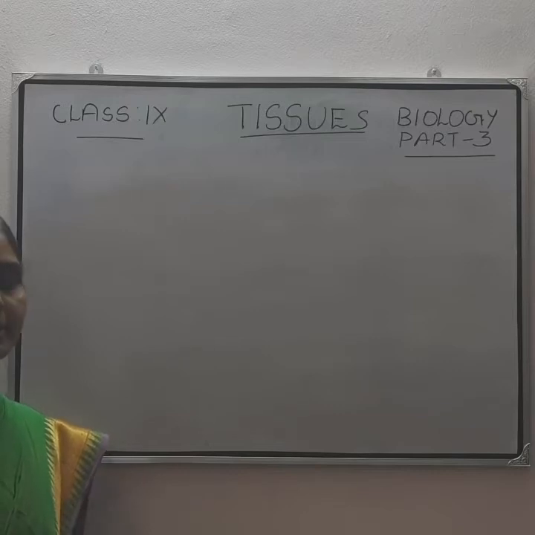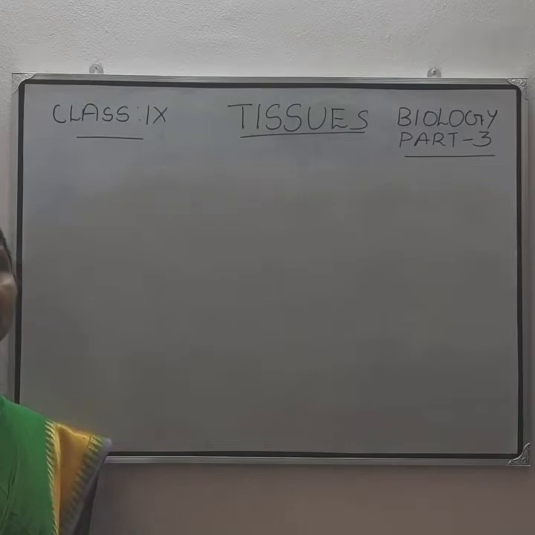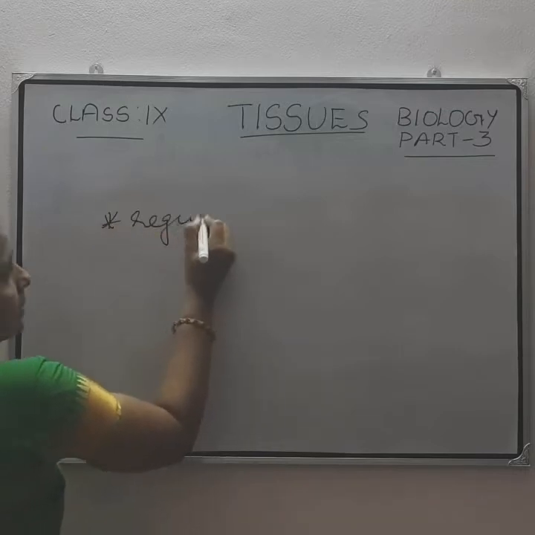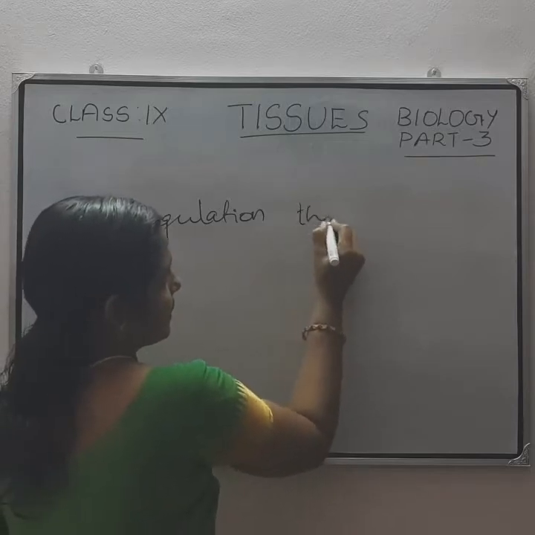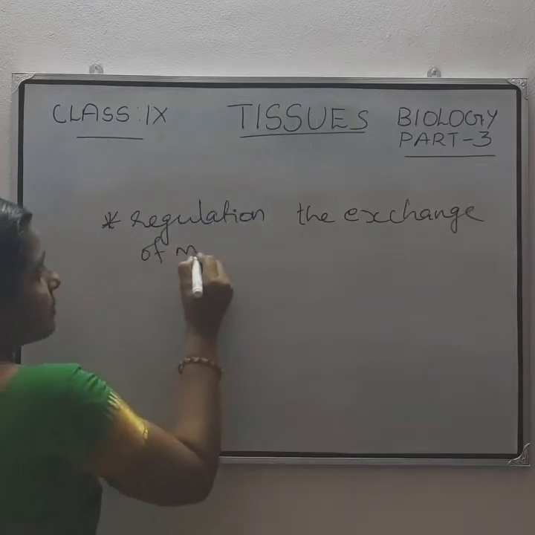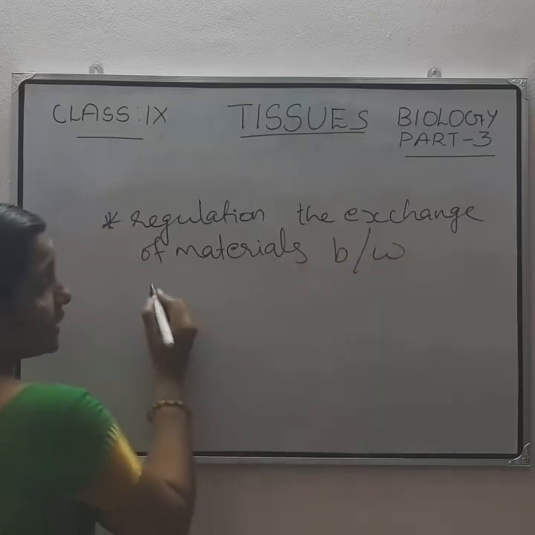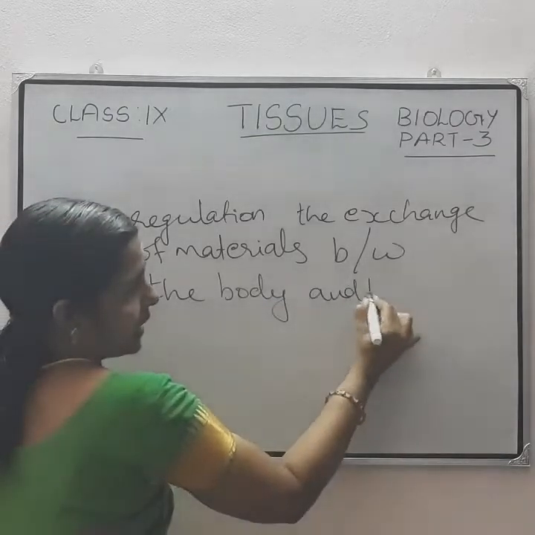Then one more feature is the permeable nature of these epithelial cells. You know what permeability is, isn't it? The permeability of the cells of different epithelia plays an important role in regulating the exchange of materials. Between whom? Between the body and the environment.